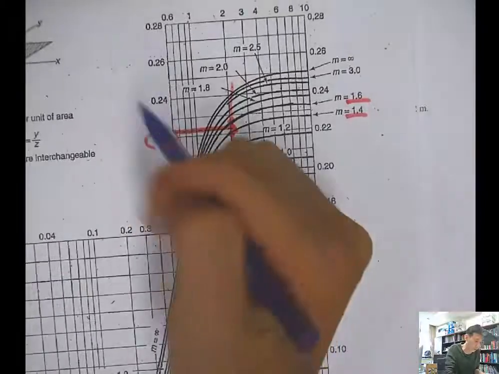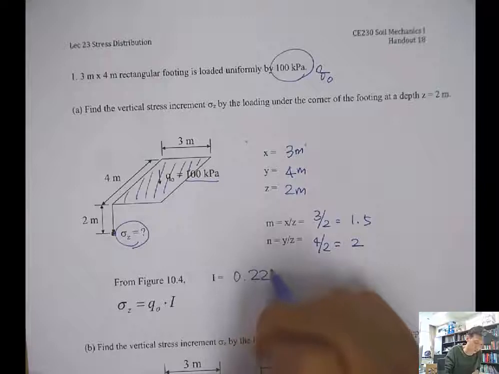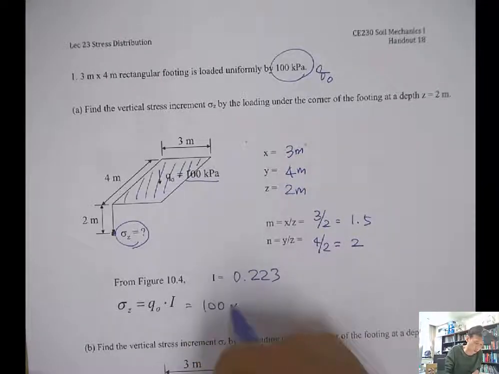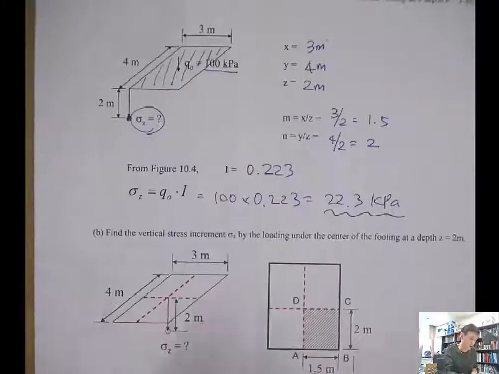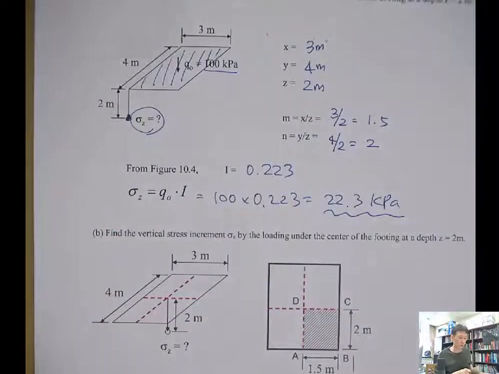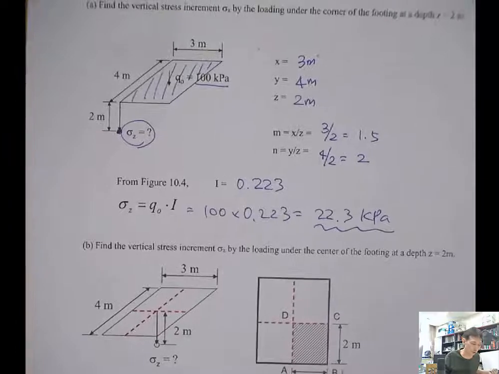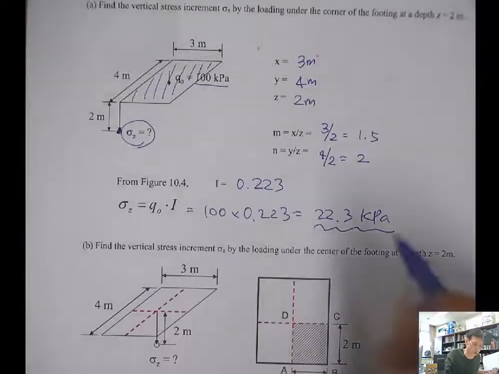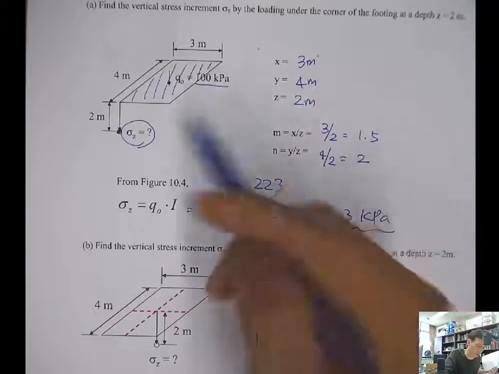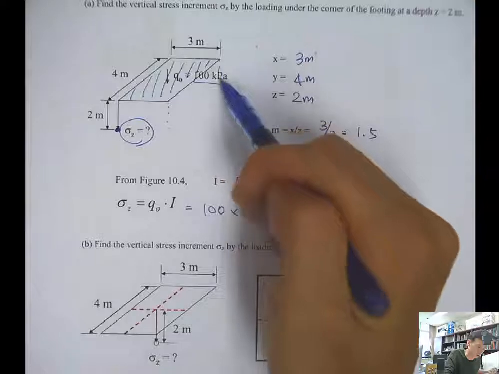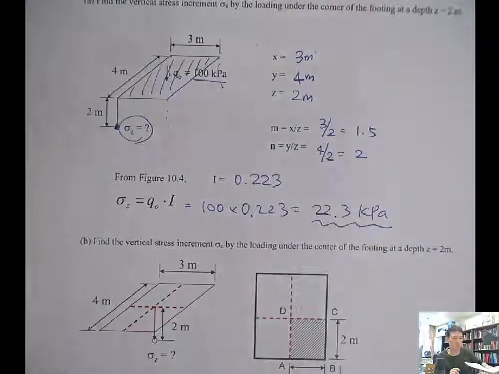So I will say 0.223 maybe, so in this case 100 times 0.223, that's 22.3 kilopascal. So at a depth of 2 meter under the corner of the rectangular region will have the stress increase by 22.3 kilopascal. Right? That's going to be the same at the other corners.